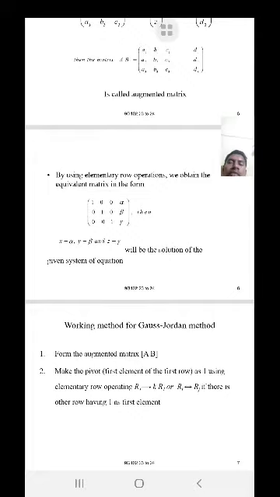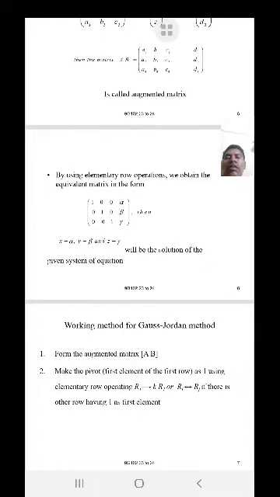Because if you observe, we are using row operations here. In the first row, we take the x coefficient, y coefficient, z coefficient and constant. So in the first row, 1 0 0 means x is 1 and y and z are 0, so x equals alpha. That is the logic. Row operations means we are solving equations 1, 2, 3 to cancel y and z in the first row.